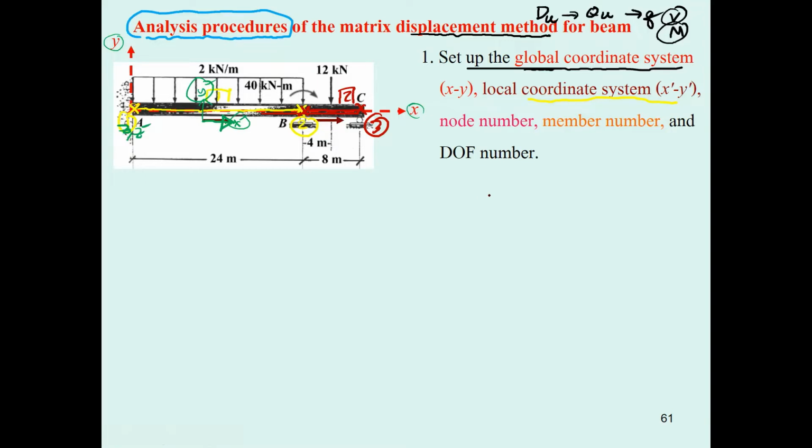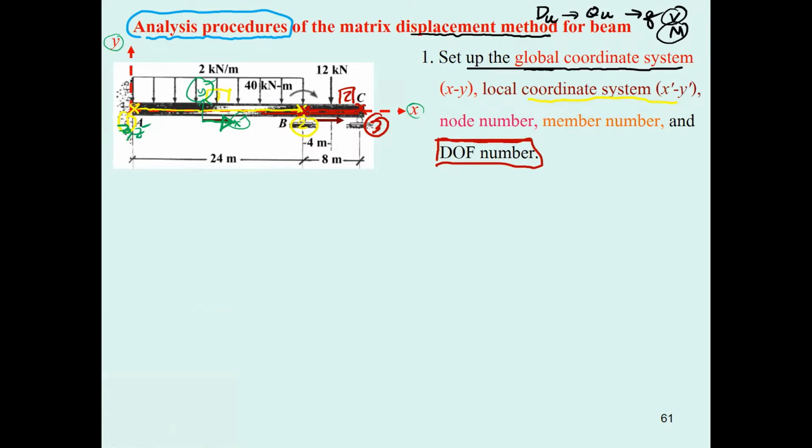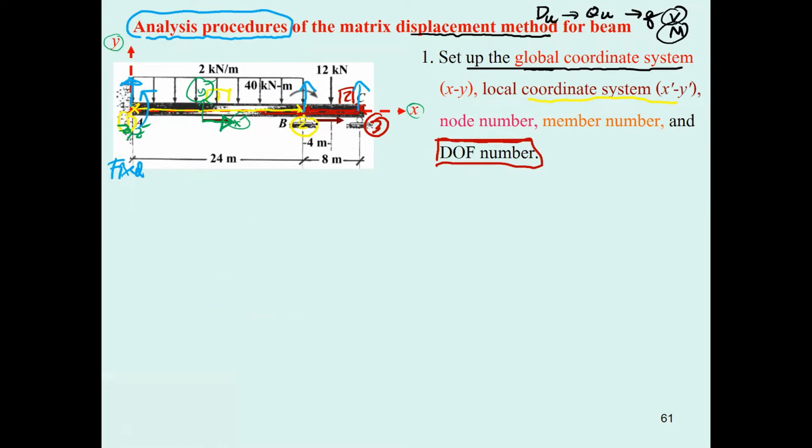Now come to the degree of freedom as we have discussed. I should tell you to go first to the constrained degrees of freedom. This is constrained because this is fixed. The slope is 0 and the deflection is 0, so this is constrained, and this is constrained. For the unconstrained, you can see it is supposed to be this one and this one.